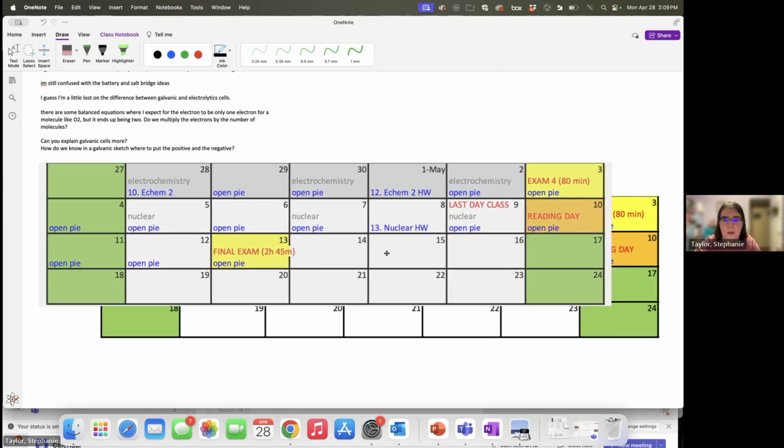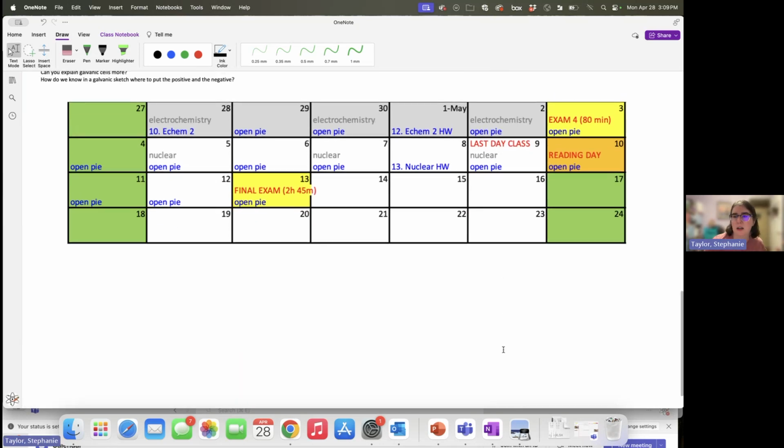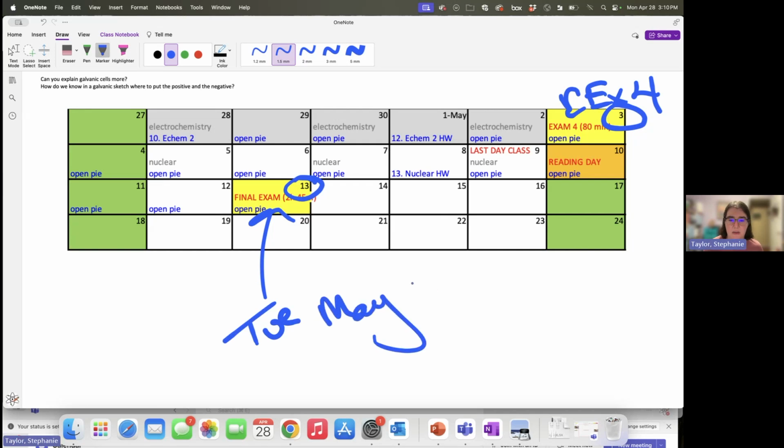So, the 2 yellows on here. Here is exam 4, and it's on Saturday, May 3rd. And then here is the final, which is Tuesday, May 13th.